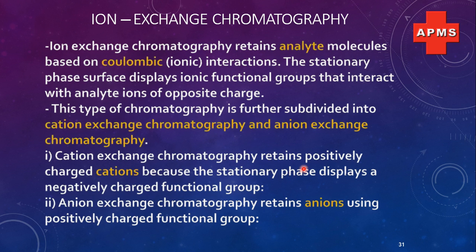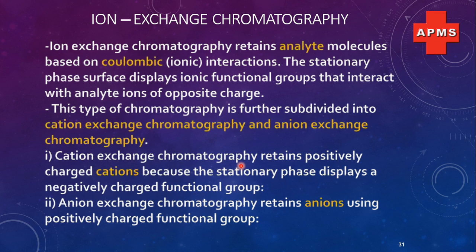In cation exchange chromatography, the retained moieties of the mobile phase will be cations, because the stationary phase in this case will be negatively charged, or it will contain functional groups which have negative charge.